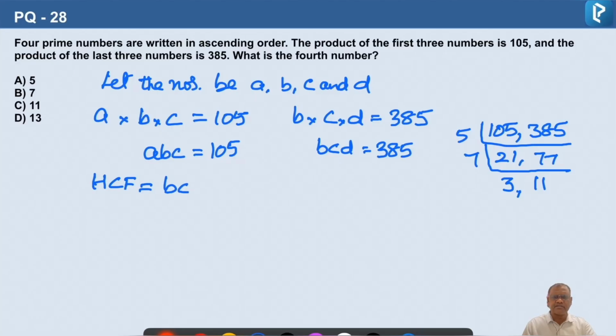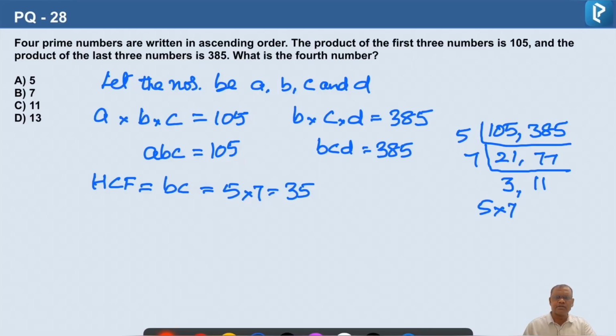So 5 and 7 are the common divisors. So 5 into 7 is the HCF. HCF is 35. So we know the value of BC.